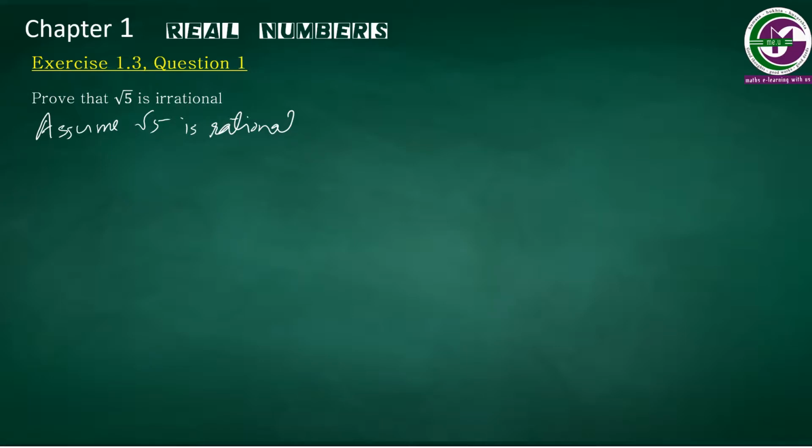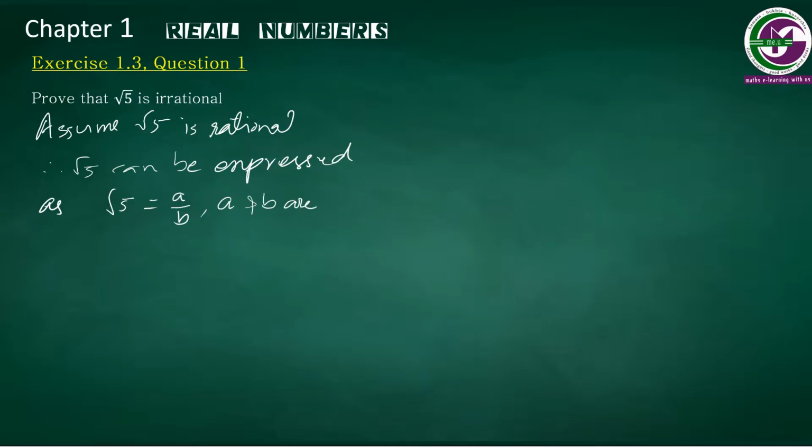Since root 5 is rational, it can be expressed as root 5 equals a by b, where a and b are coprime integers.